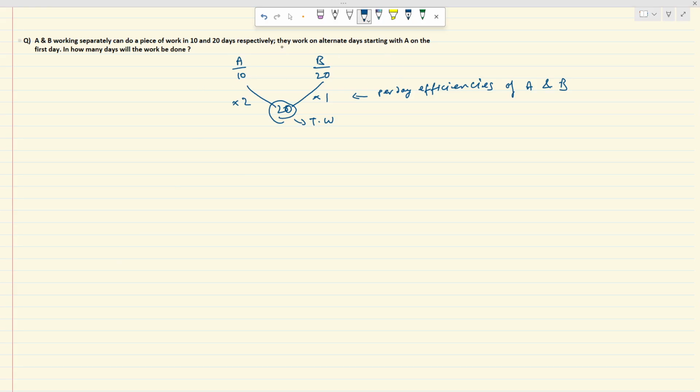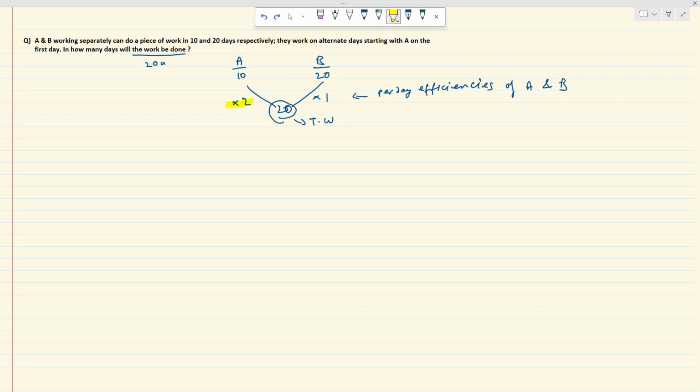They work on alternate days starting with A on the first day. In how many days will the work be completed? The work would be done when all 20 units of work are completed.